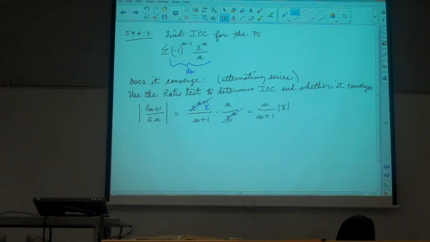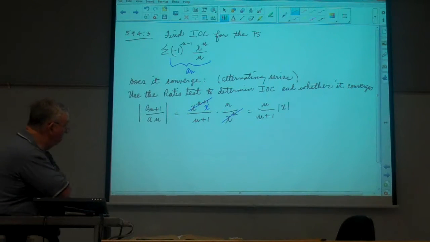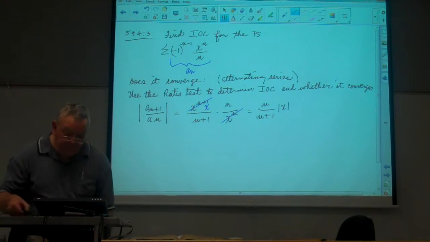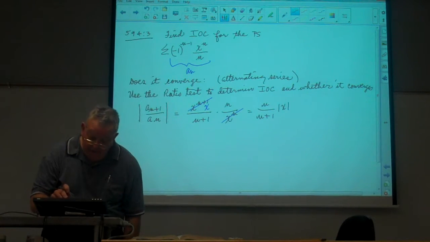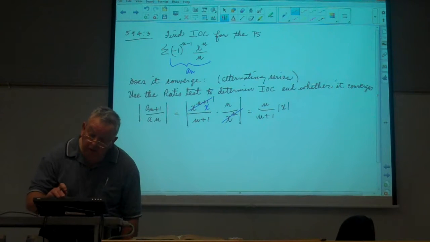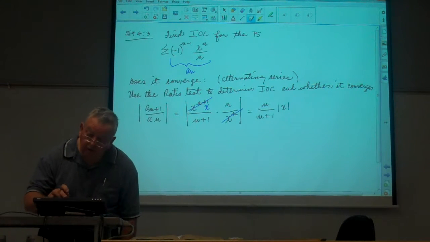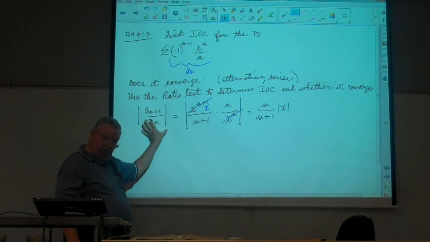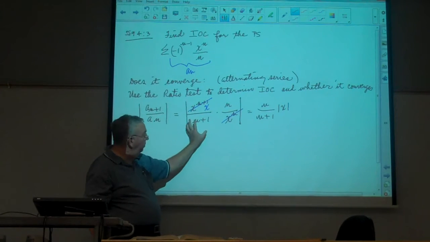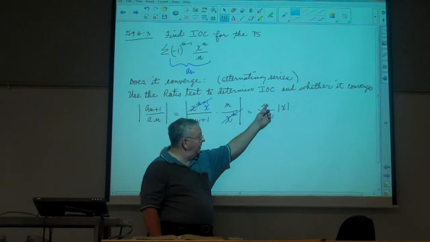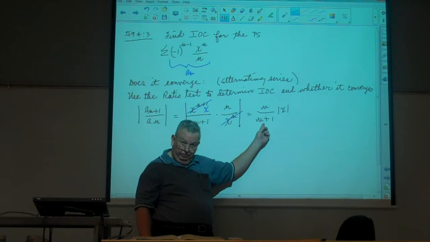Agreed? Everybody? Okay? Well, how did the absolute value of x come about? Because, well, William, it was an absolute value to begin with. Okay, that's right. See, look, I wrote this in absolute value, but when I substituted in, I left the absolute value off. Does the absolute value matter for n's?